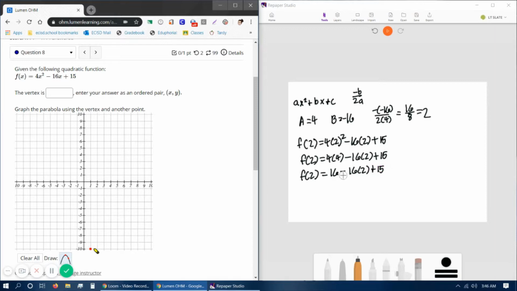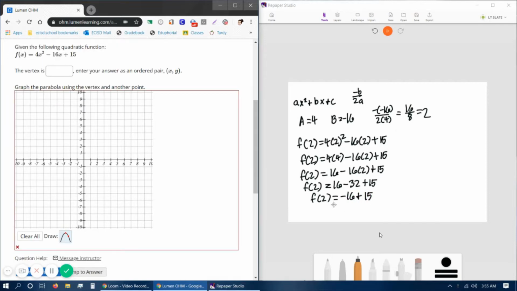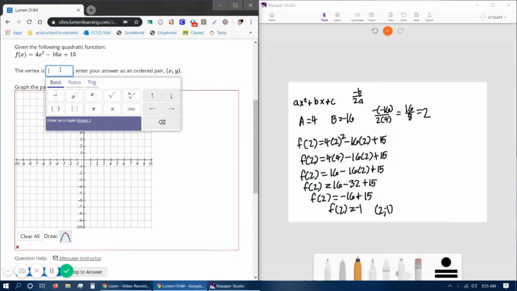Next, I can multiply negative 16 and 2, giving me f of 2 equals 16 minus 32 plus 15. 16 minus 32 will give me f of 2 equals negative 16 plus 15, which will give me a final answer of f of 2 equals negative 1. This means that my vertex is at (2, negative 1).